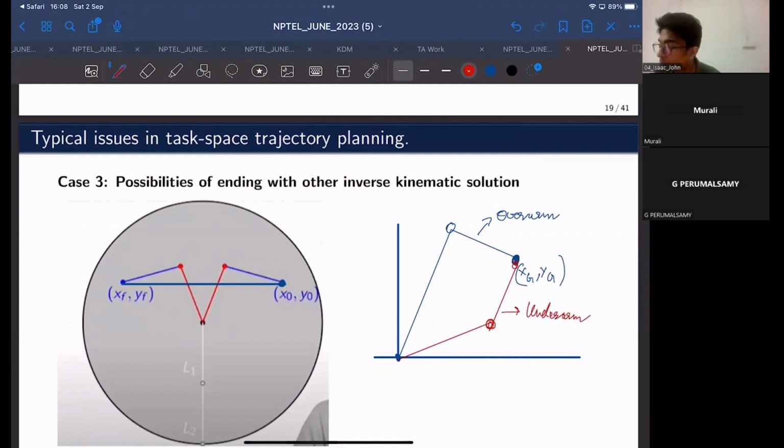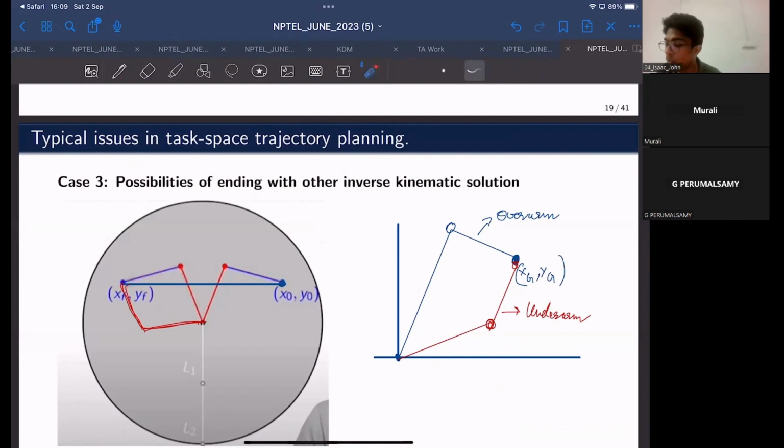Here the robot starts with an overarm configuration, something like this, and instead of ending up like this, which is how it should have ended up, if you are rotating it clockwise or counterclockwise, it ended up like this.